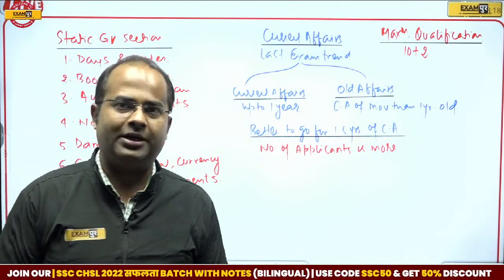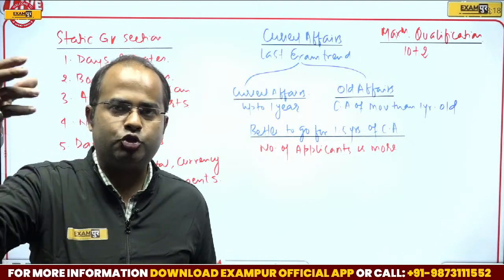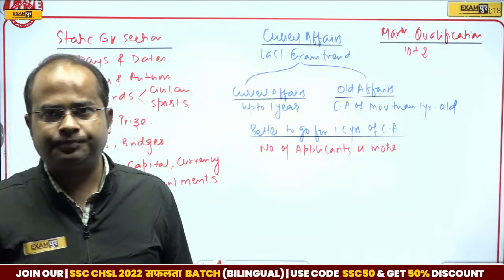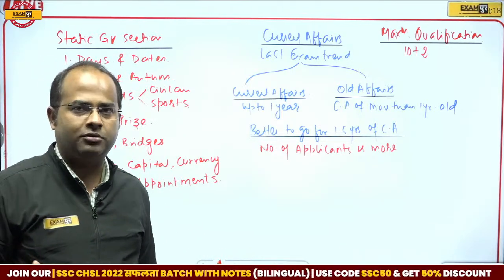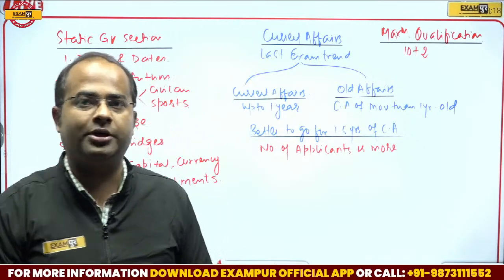So sometimes what I concluded is that the previous budget also becomes important. So you should glance at the previous budget. If the examination is in February 2023 or after February 2023, don't forget to read the budget of 2022.